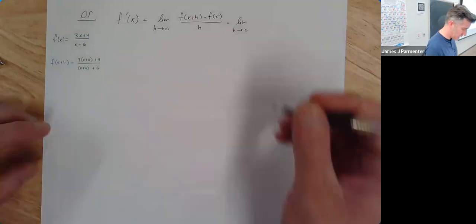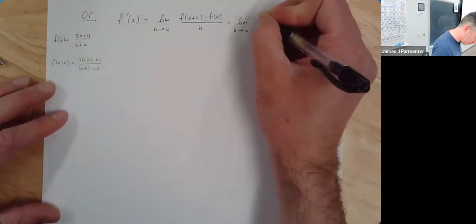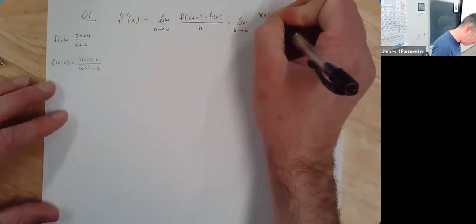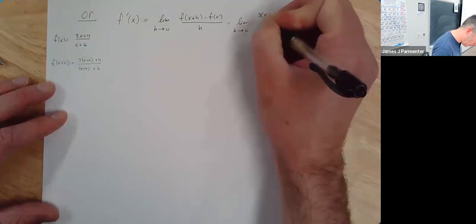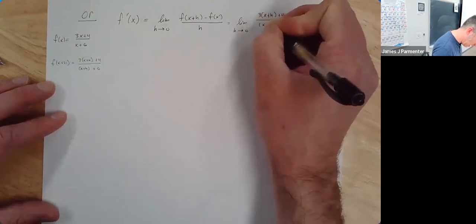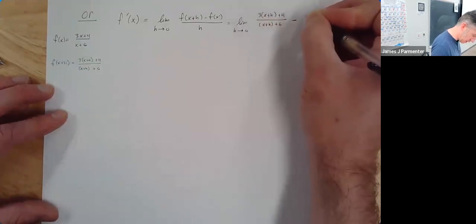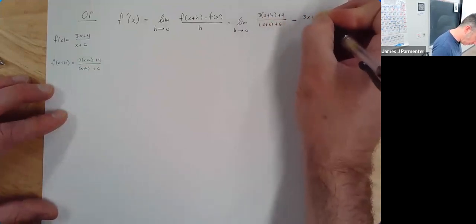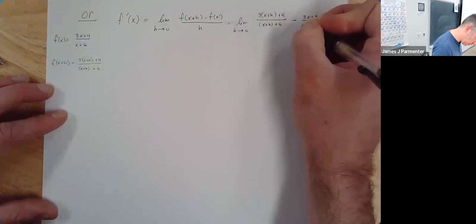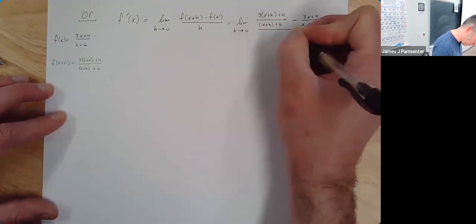You're just subbing in x plus h for every x. So you're getting 3 times x plus h plus 4 over x plus h plus 6, minus f of x, which is just 3x plus 4 over x plus 6, all over h.